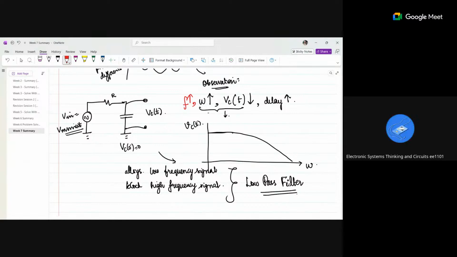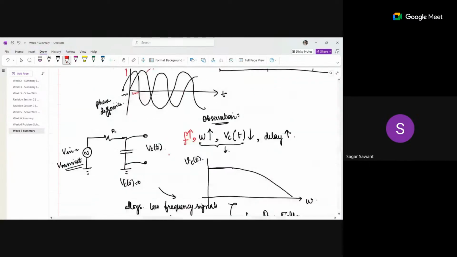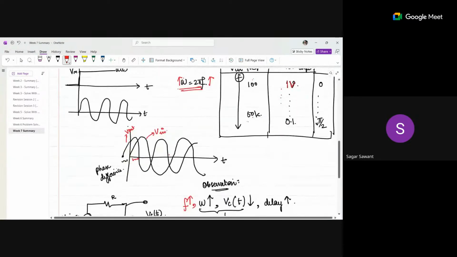Can you go back to that sine wave with the delay that you have shown? So which one is the input? The input is the one which starts at 0. The other one is delayed.